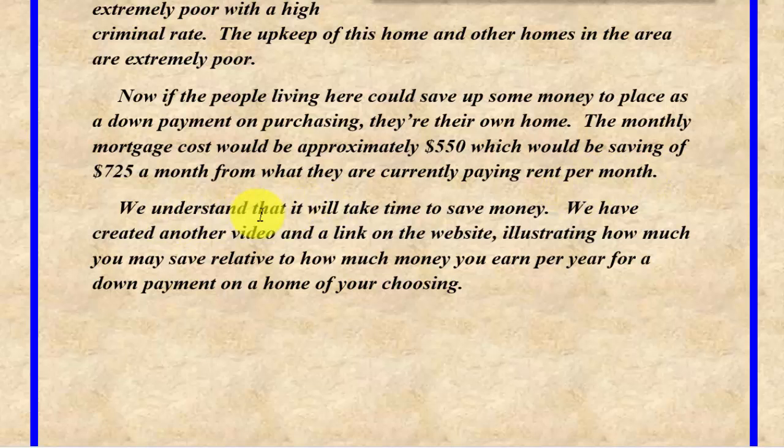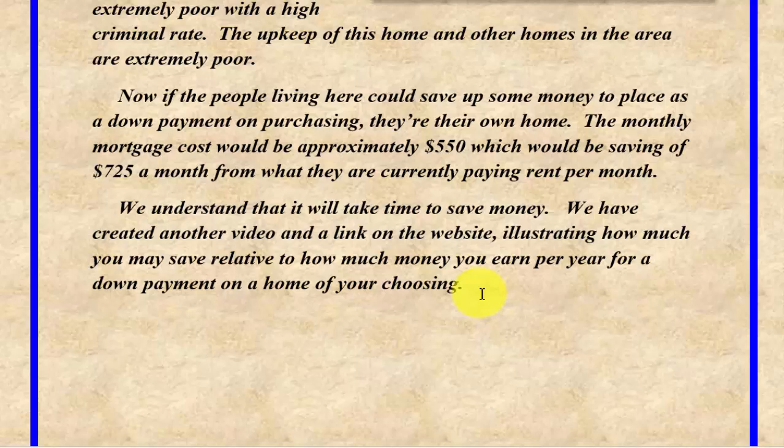We understand that it will take some time to save this. We have created another video and a link on the website illustrating how much you may save relative to how much money you earn per year for a down payment on a home of your choosing.